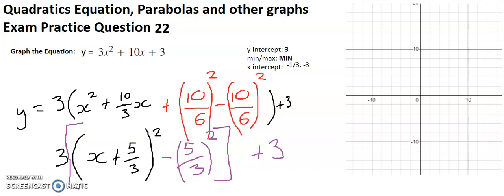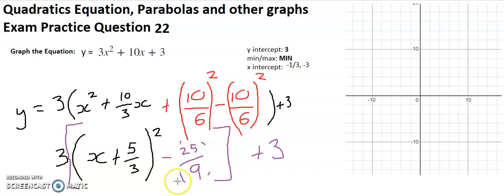So the first thing I would like to do is look at my 5 over 3 and square it. We know our rules that the power of 2 goes to the numerator and the denominator. So 5 squared is 25 and 3 squared is 9. That makes it easier for me because I can then take that away and look at my next part.